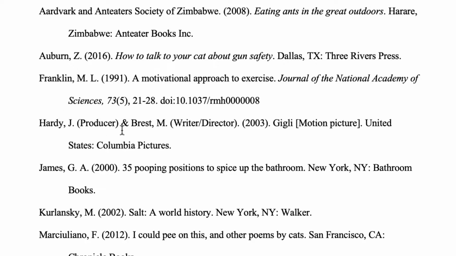So we've got the name of the producer, and again, it's last name, first initial, writer-director, last name, first initial, the year. The name of the movie we put in italics, and then we call it a motion picture, which we put into brackets. Then we have the country and the organization producing the movie. So here I'm just going to take the last name of the producer, copy that, 2003.